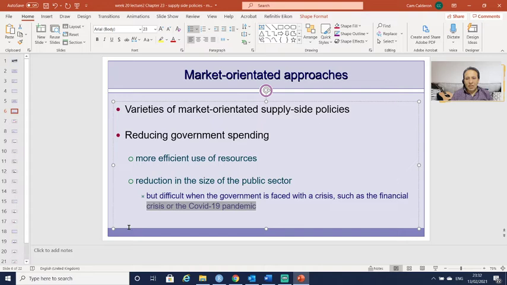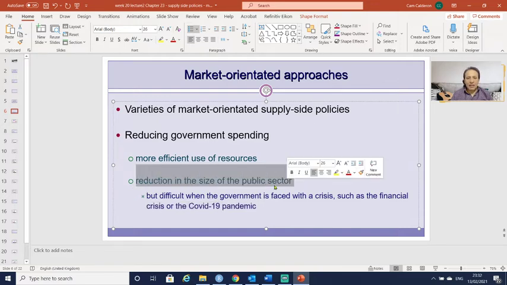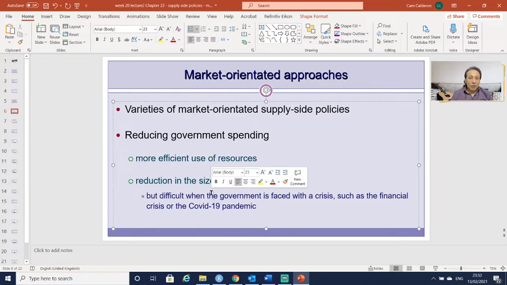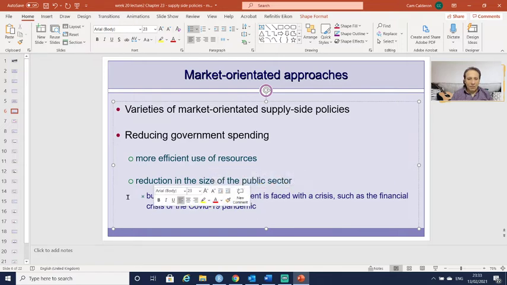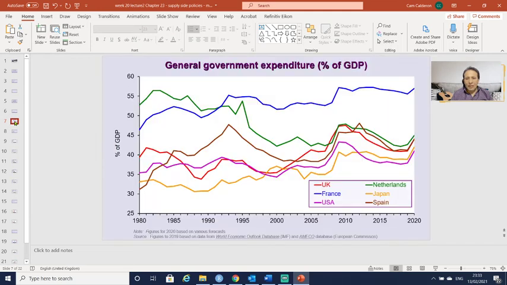Trying to reduce the size of the public sector probably is not an option at the moment. Totally the opposite. They want to hire more nurses, hire more police, increasing a little bit the size of the public sector.